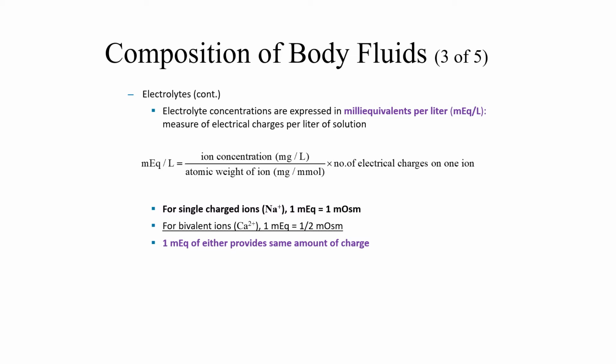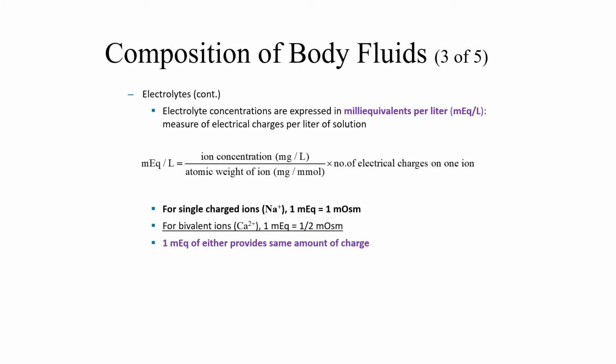Electrolytes are going to be expressed in milliequivalents per liter. Milliequivalents per liter. And this is how we measure the electrical charge of a liter of solution. So here you have your happy little mathematical equation.